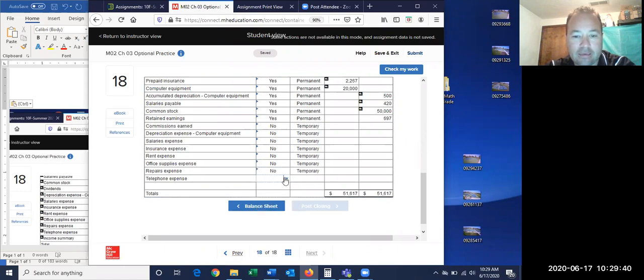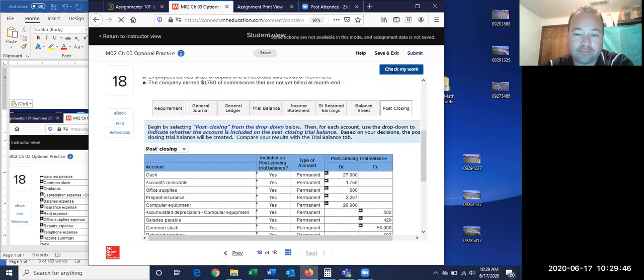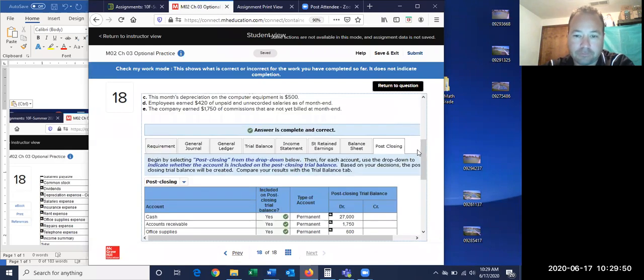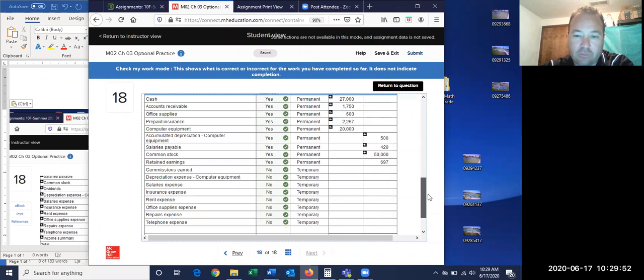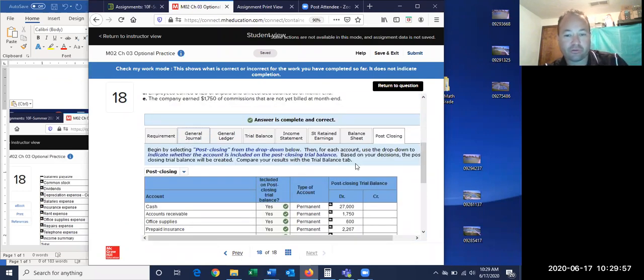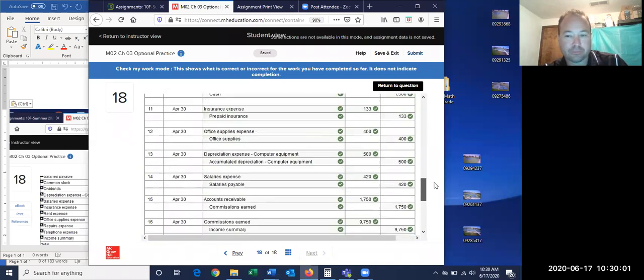No, and no. At this point, I could go ahead and check my work. Post-closing trial balance looks good. I could go into my general journal, and everything there looks good too.